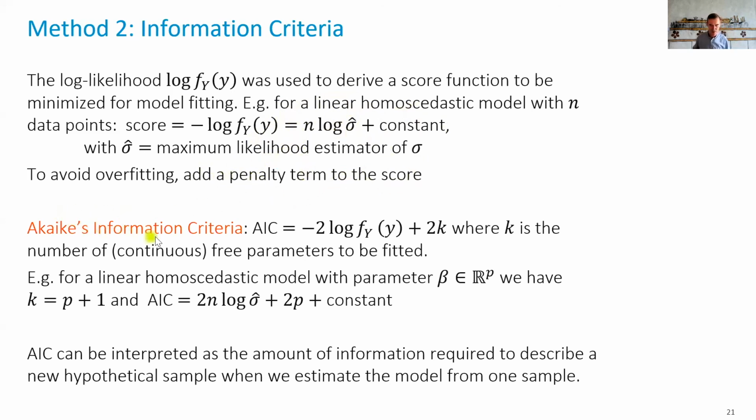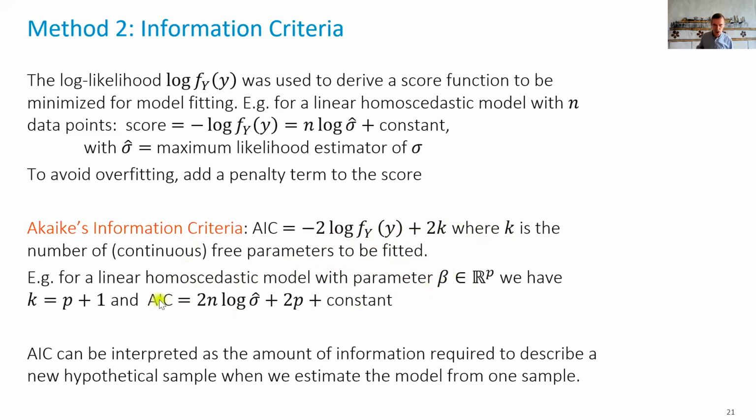Akaike's information criterion is one of these systems that adds a penalty term. It takes minus 2 times the log likelihood, and it adds a penalty term, which is the number of parameters that we have chosen. For example, the number of parameters is the number of dimensions of the vector beta when we have a linear regression model.